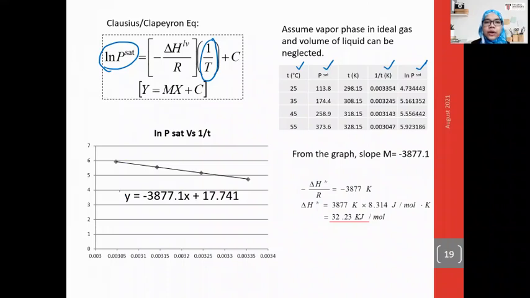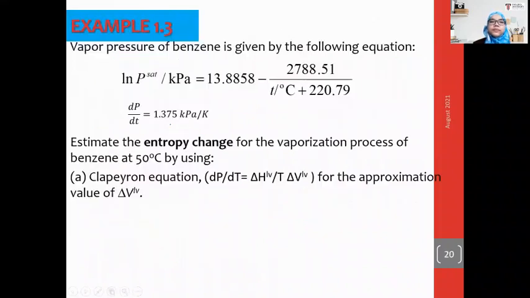So this is our equation based on y equals mx plus c. Y here is ln P saturation, and this is our 1 over T. So from this slope, we can define our latent heat, delta H LV. Okay, this is the way you determine the delta HV from the data given.